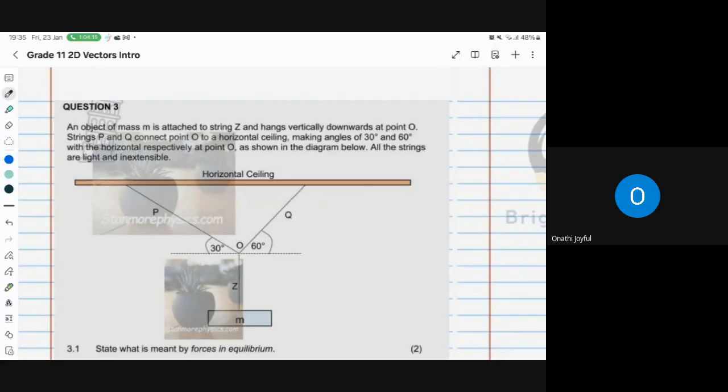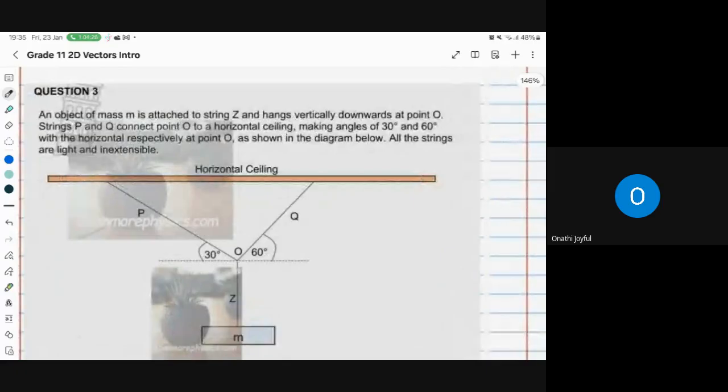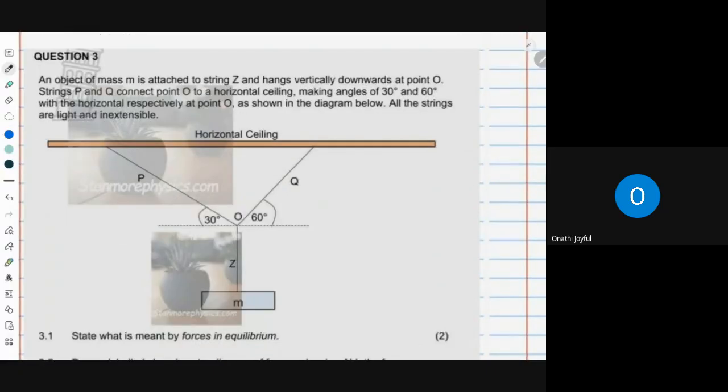So now we have this situation here. Okay, let's do, yeah. So now we have an object of mass m, and it is attached to string Z and hangs vertically downwards at point O, okay?